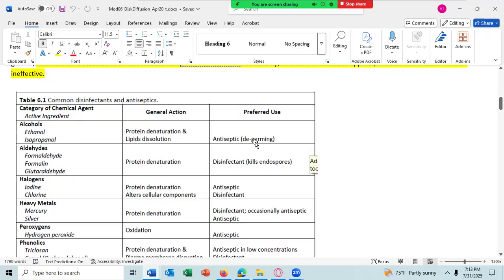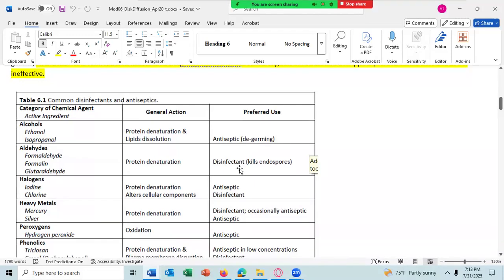When you degerm your skin with an alcohol swab and then inject the needle, you do not remove all of the bacteria from your skin. You reduce the numbers to safe numbers to do the injection, but you do not sterilize the skin. You just remove most of the bacteria, but not all of the bacteria.